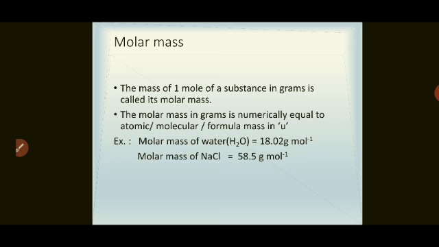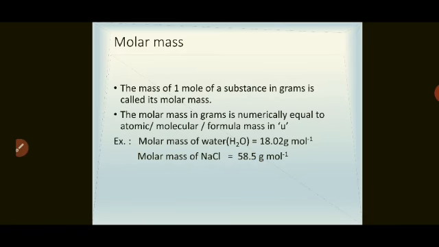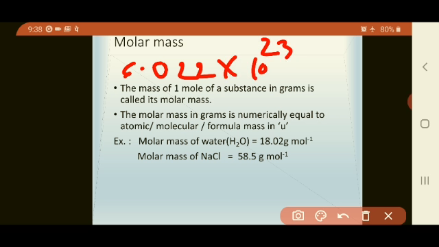So, what is molar mass then? Mass of 1 mole of a substance. Now, what is 1 mole? I told you 1 mole is nothing but 6.022 into 10 to the power 23 particles. It may be atoms, ions, molecules, electrons, protons, or any other thing.